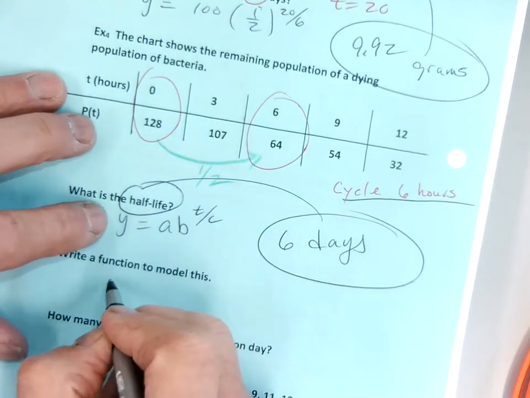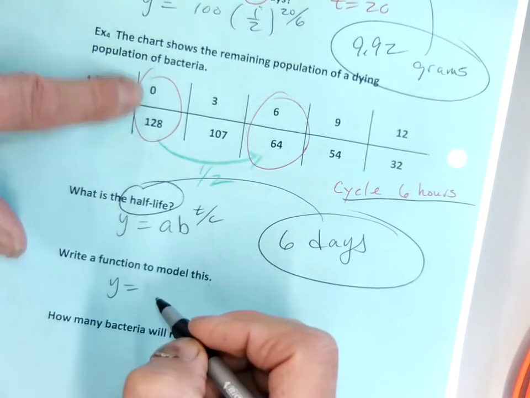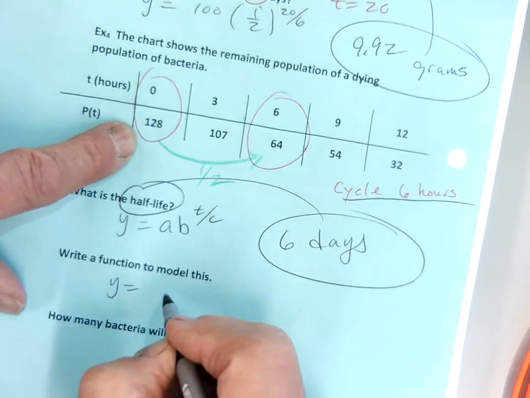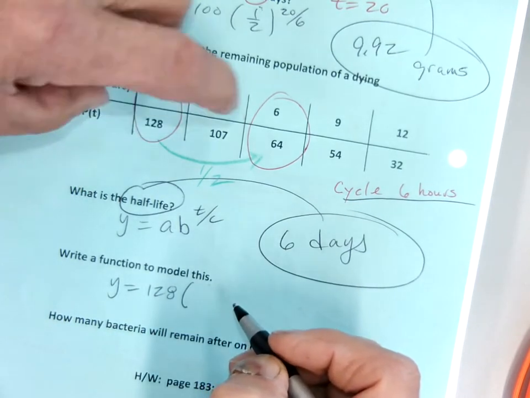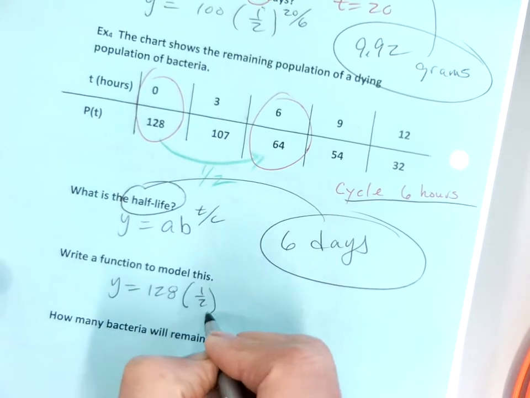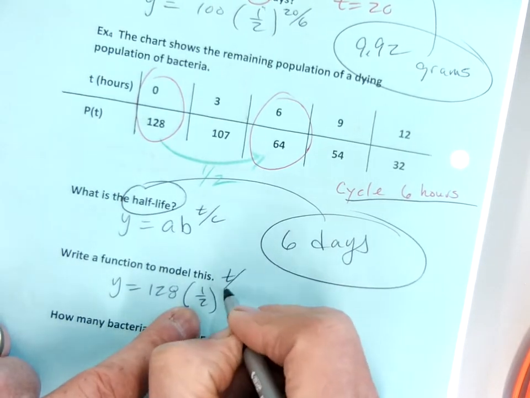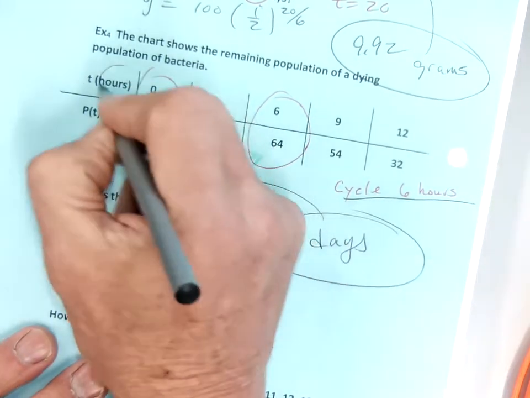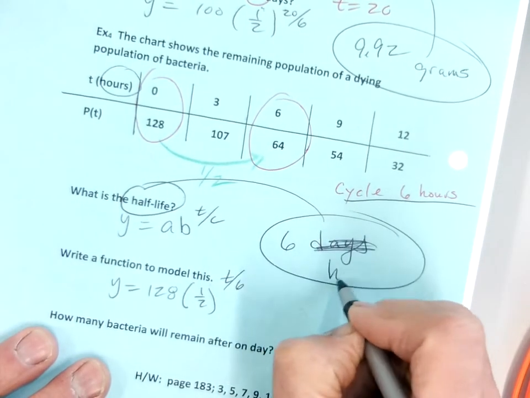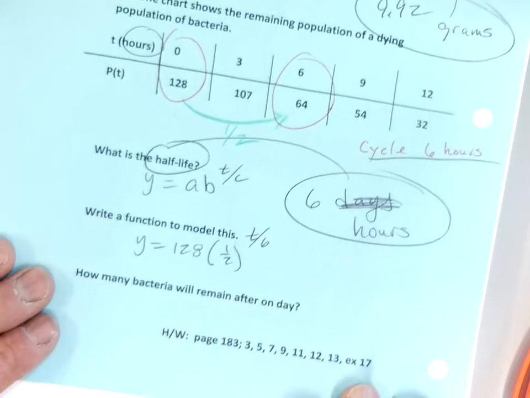Well, that's easy. Y equals the beginning amount. The beginning amount has to be 128, times, what's my rate? I'm going half for a cycle of time, t over 6. Oh, I keep saying days when it's hours, isn't it? You guys are probably yelling at me, Mr. Davies, come on, it's hours, not days.